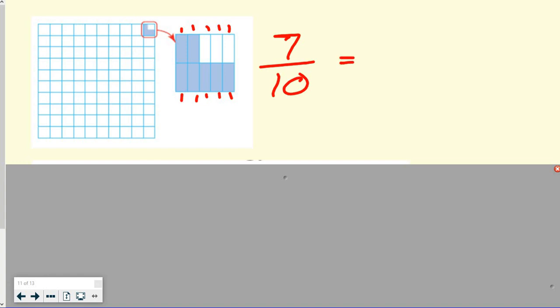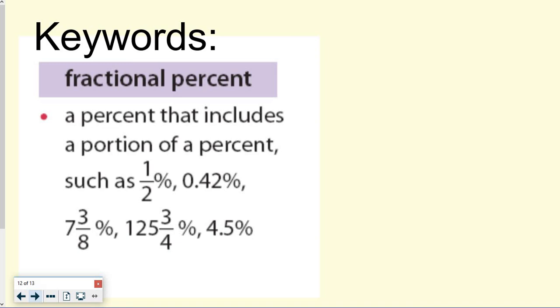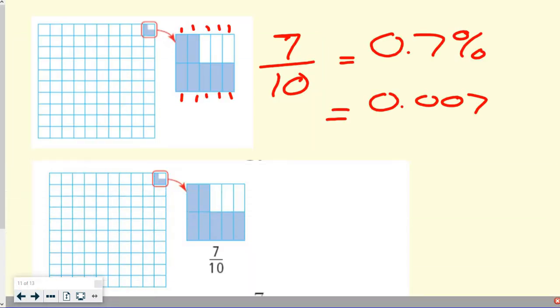So this equals 0.7%. As a decimal, we get this as 0.007, because in actuality we have 7 of 1/100th. So that's why it's 0.00. To show you what I mean here, 7 out of 1%.